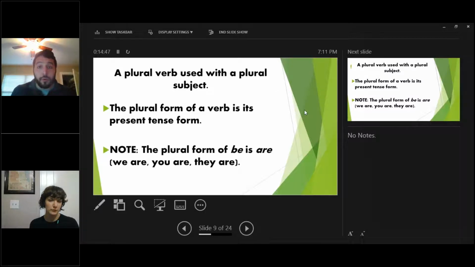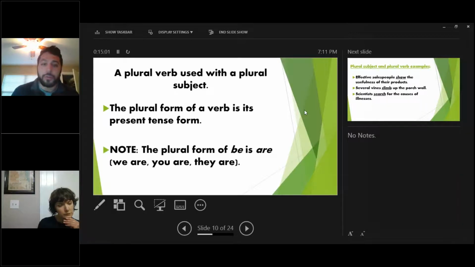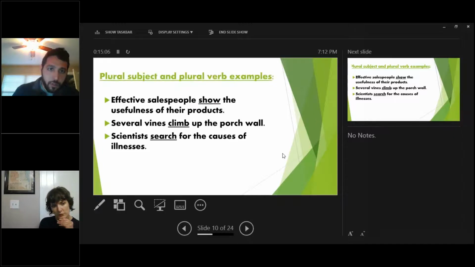And the plural verb will not end in S. And then just another note on be, the plural form of be is are. So we are, you are, they are. Whereas the singular is am or is, the plural is are.